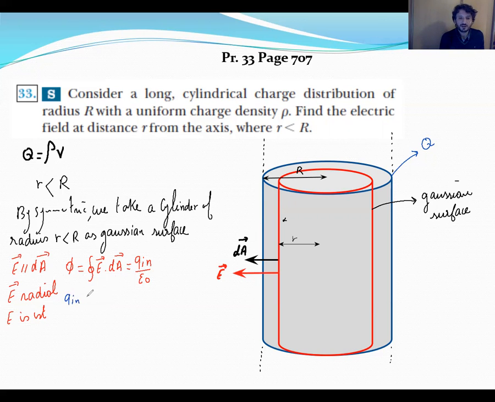Qn is only the quantity of charge located inside the Gaussian surface.